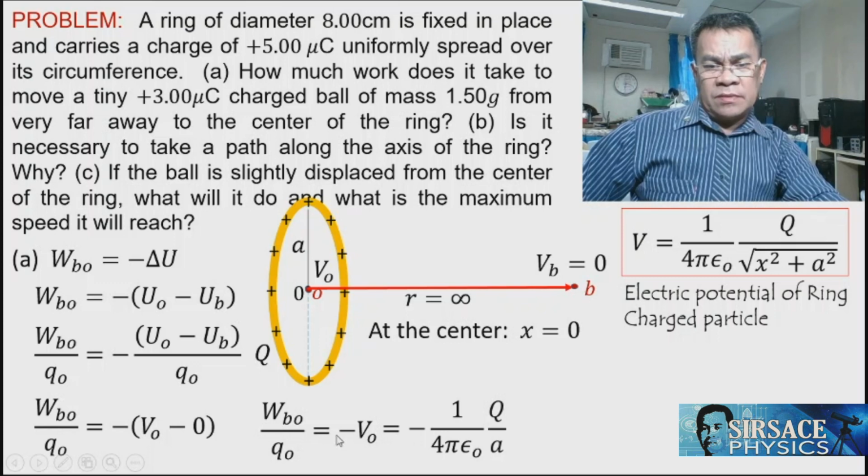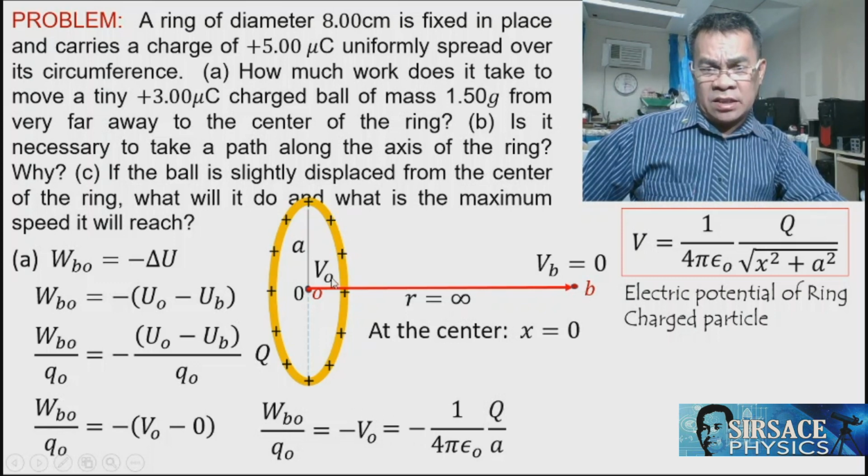Now take note, what is the potential at the center? Look at the definition. The electric potential at the center, using this formula, is negative 1 over 4 pi permittivity times the entire charge of the ring divided by A. Why is it A?